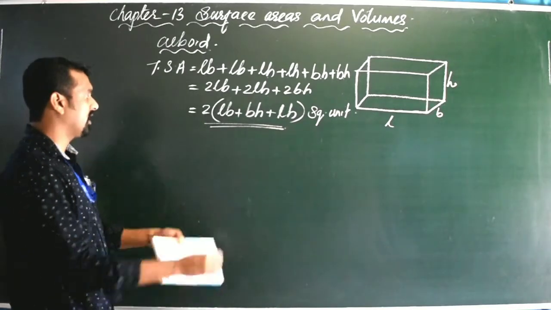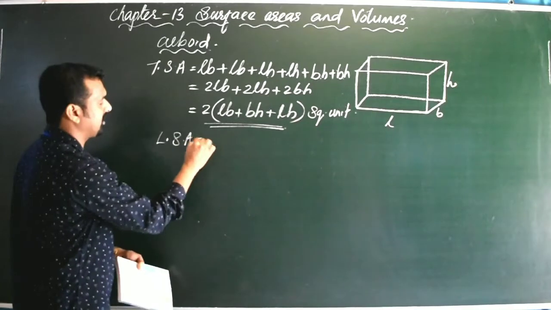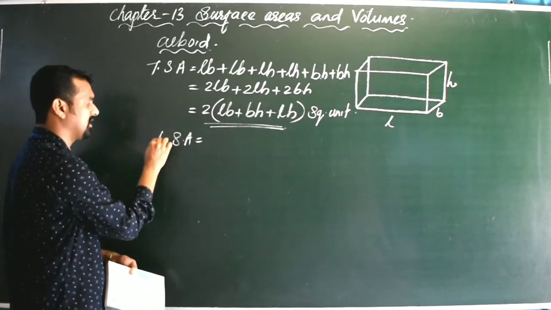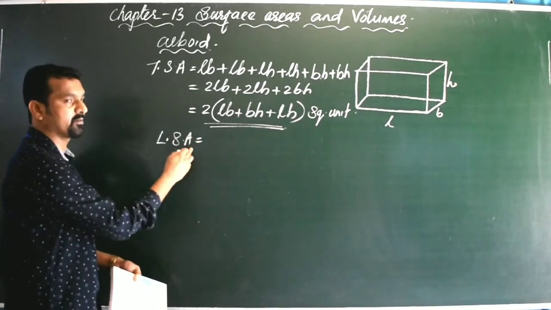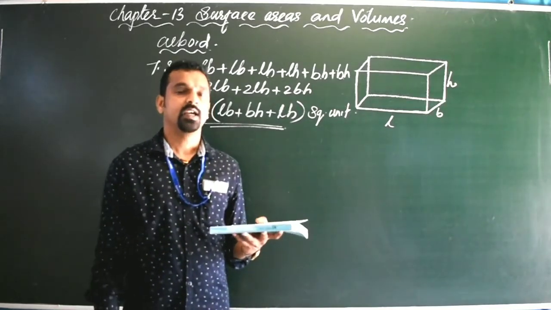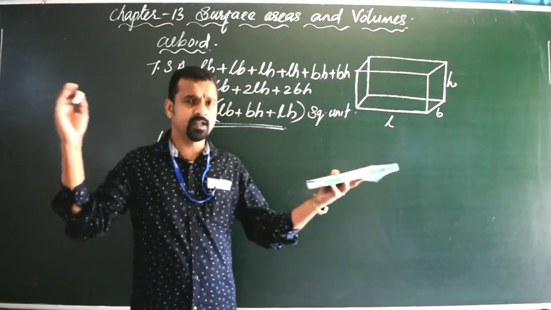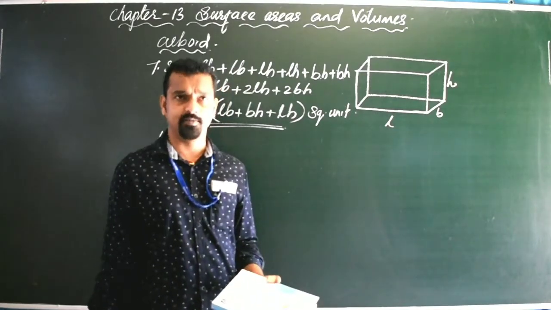Now one more is there, the lateral surface area of a cuboid. Lateral surface area is marked as LSA, or it is also called the area of 4 walls of a room. We know that our room is in the form of a cuboid only.